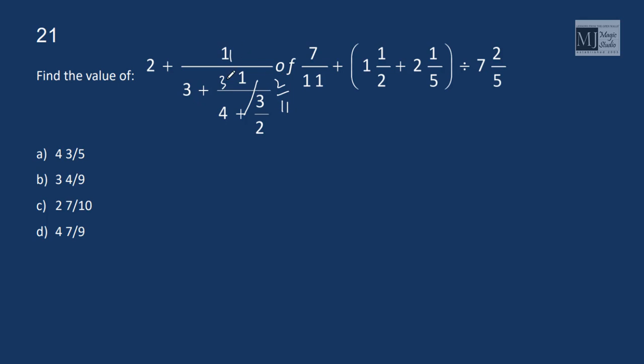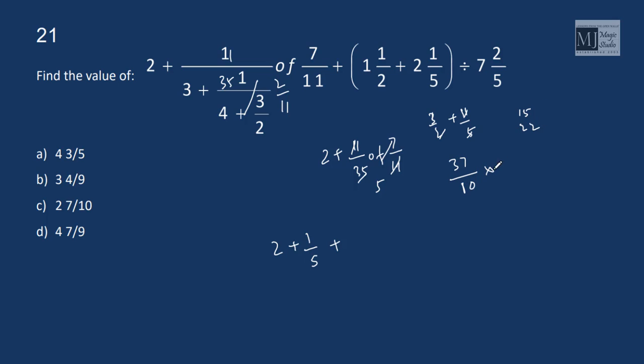This will be 11 by 35. 2 plus 11 by 35 of 7 by 11 will be 2 plus 1 by 5 plus this is 3 by 2 plus 11 by 5, 15 and 22 is 37 by 10 into 5 by 35 plus 2 is 37, that is half. LCM 10, 20 plus 2 plus 5 is 27 by 10, that is 2, 7 by 10.